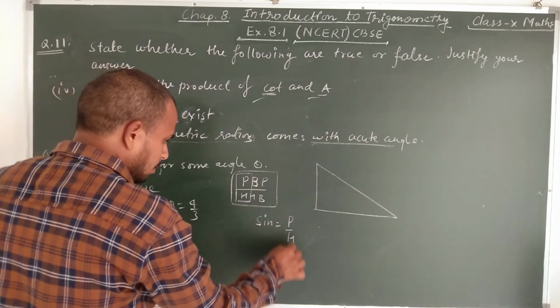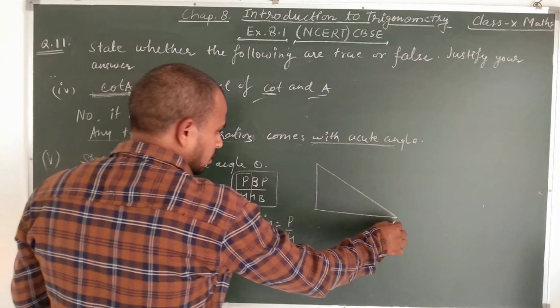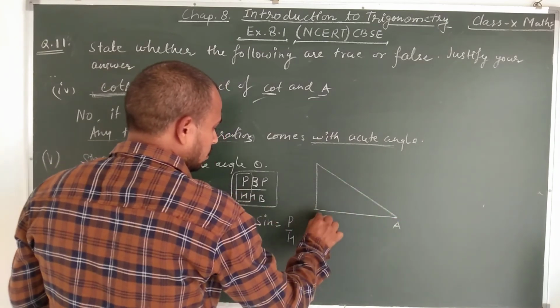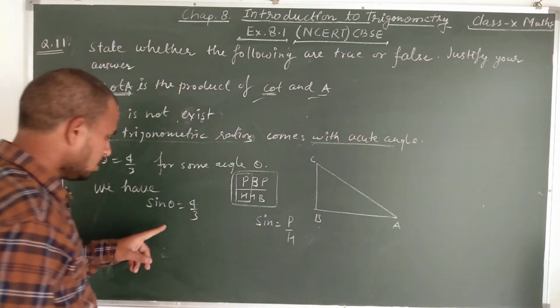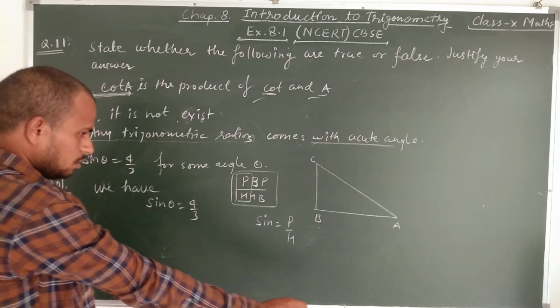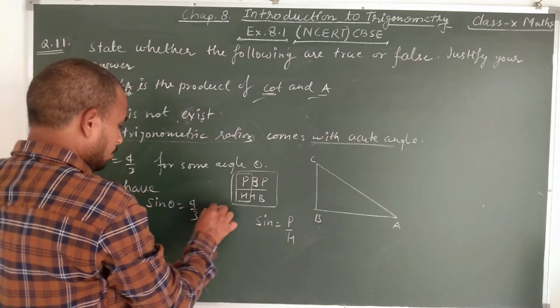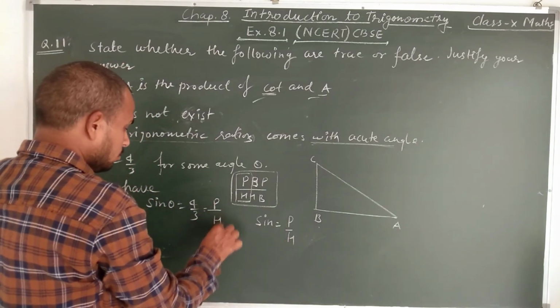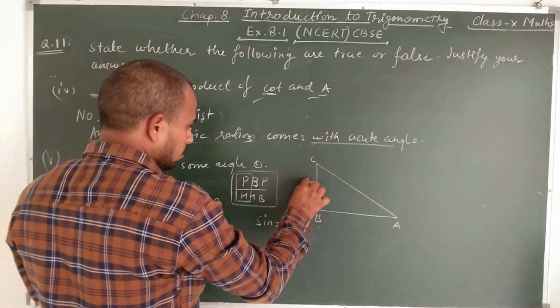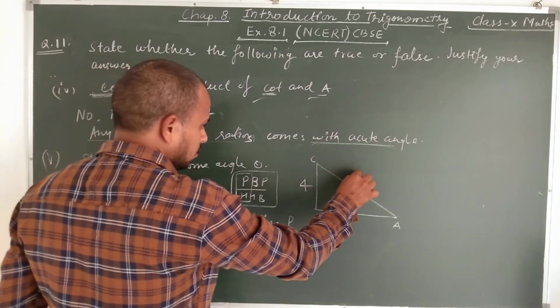Suppose triangle A, B and C. So perpendicular is 4 and hypotenuse is 3 for the angle.